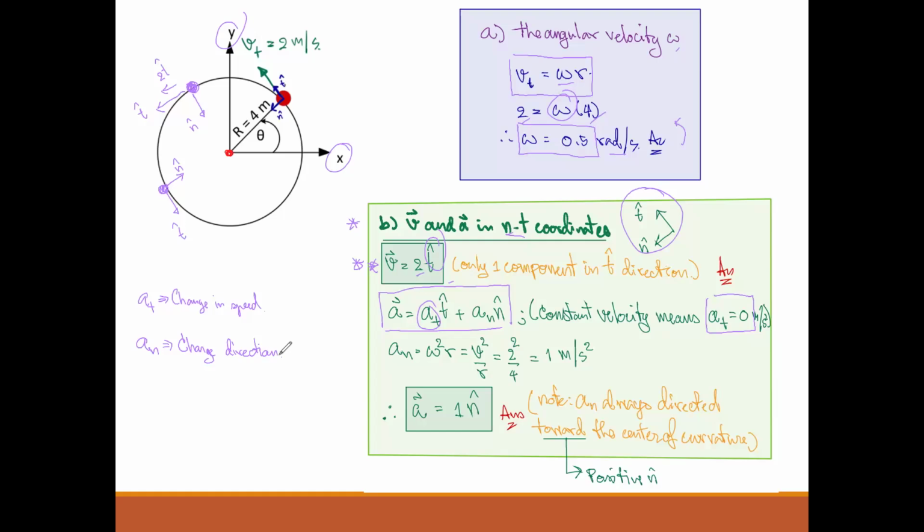We already know that an is determined from omega square r or v square over r. So we have an equal to 1 meter per second square, in the positive normal direction. So the acceleration vector in normal and tangential coordinates becomes 1 n.